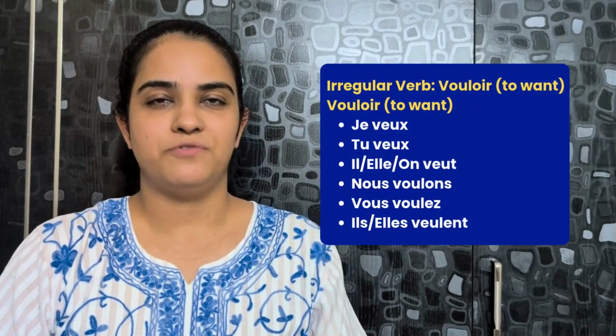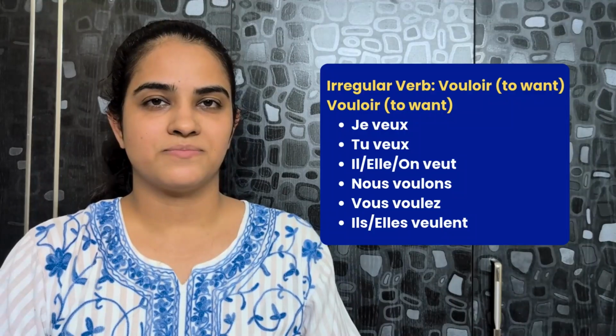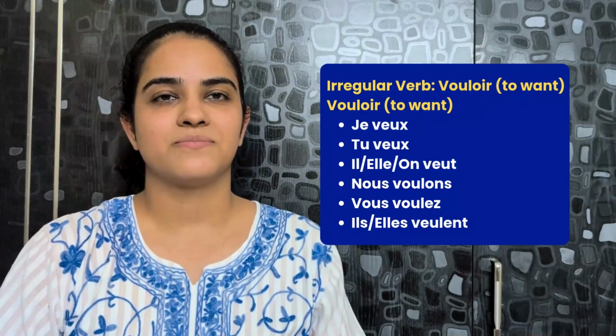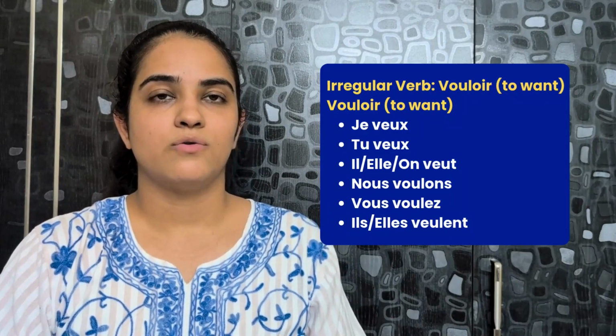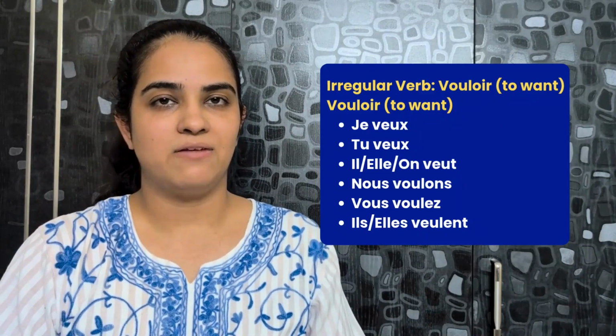Next category of the verbs are vouloir, pouvoir and devoir. So vouloir and pouvoir, they seem a little similar, though different, but you will find the similarities. Devoir is a little different, but regardless of being different, they are still pretty important to learn. So we have vouloir, je veux, tu veux, il, elle, on veut, nous voulons, vous voulez, ils, elles veulent.